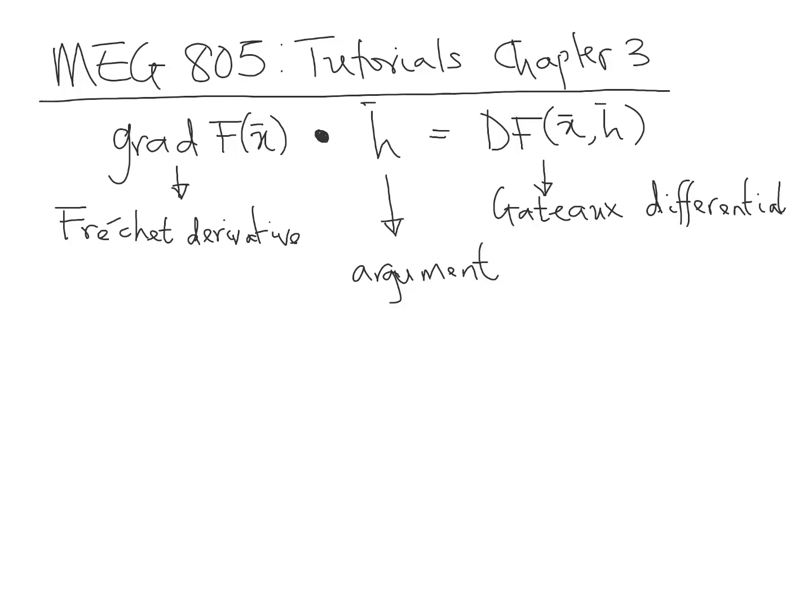A scalar, vector, or tensor valued function is said to be Frechet differentiable if a subdomain exists in which we can find this grad such that we have this relationship that I've written on the whiteboard. This equation defines the gradient of a function in terms of its operation on the domain object.